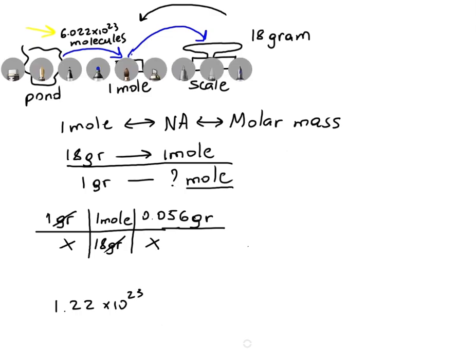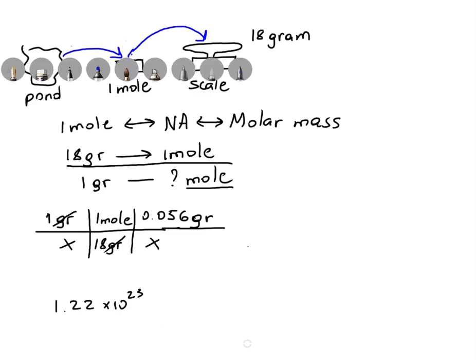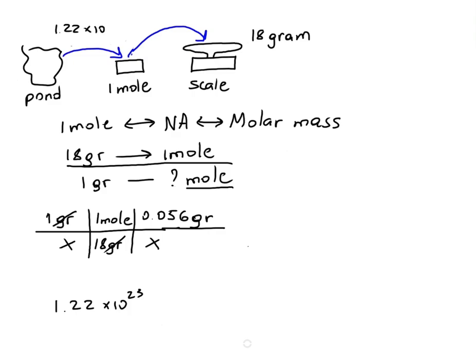Here I'm going to erase this for clarity. Instead of an Avogadro's number, we're now taking only 1.22 times 10 to the 22. Now we have this amount.